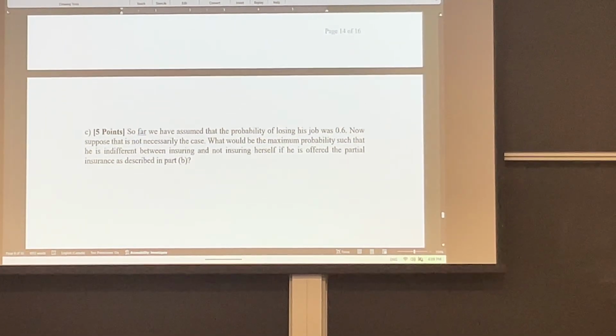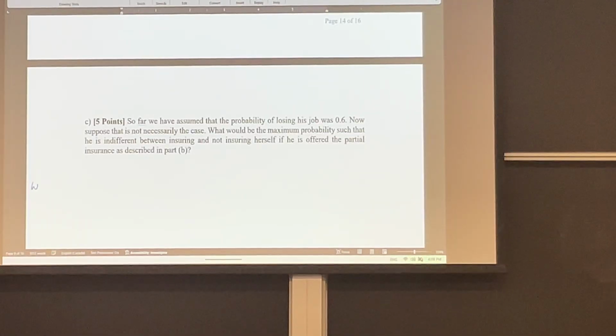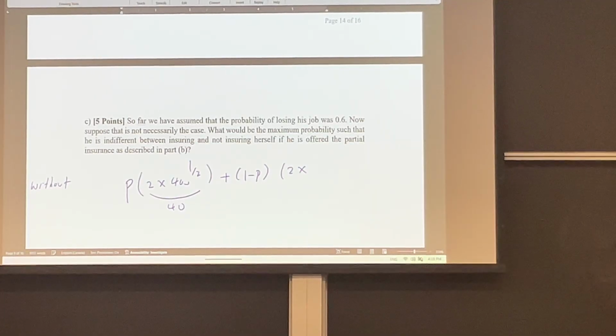Let's see. Without, that's the probability of loss. That is what you end up getting in satisfaction. We already have this one equal to 40. That's the probability of no loss. That's what you end up with in satisfaction.